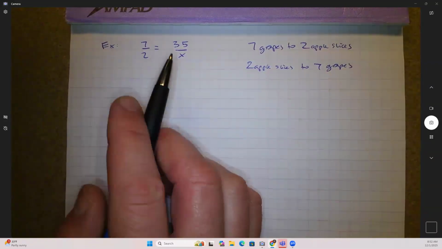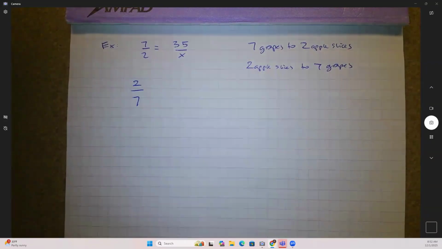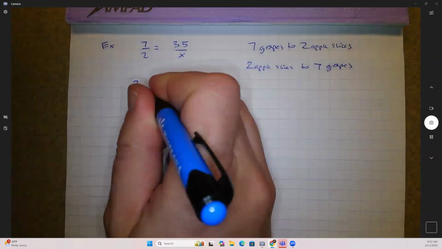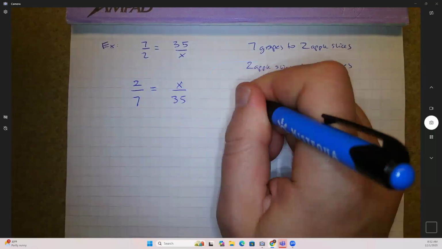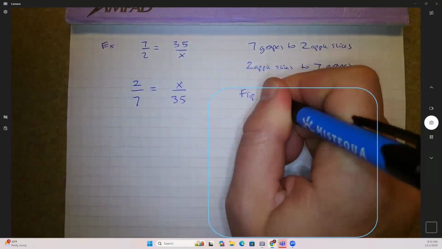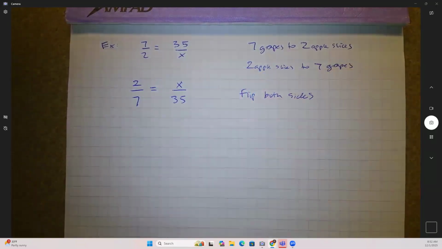So instead of writing it as 7 grapes over 2 apple slices, I can write it as 2 apple slices over 7 grapes. And that just means I'm looking for x apple slices over 35 grapes. So you flip both sides. If you flip both fractions, you're still equal.